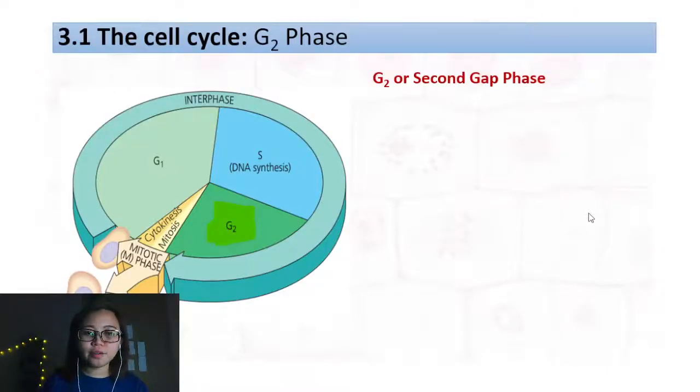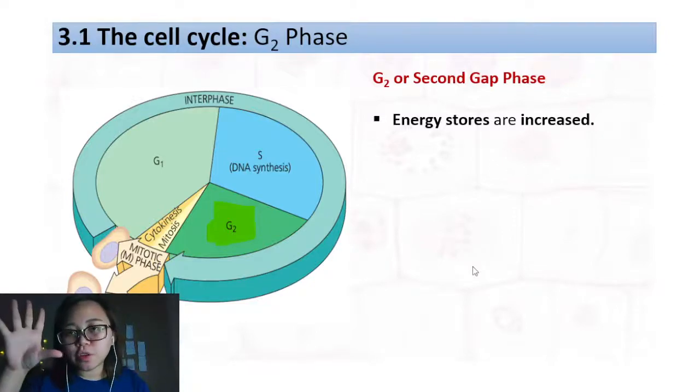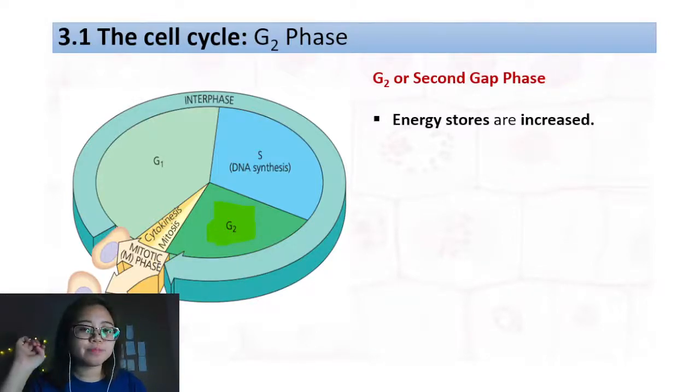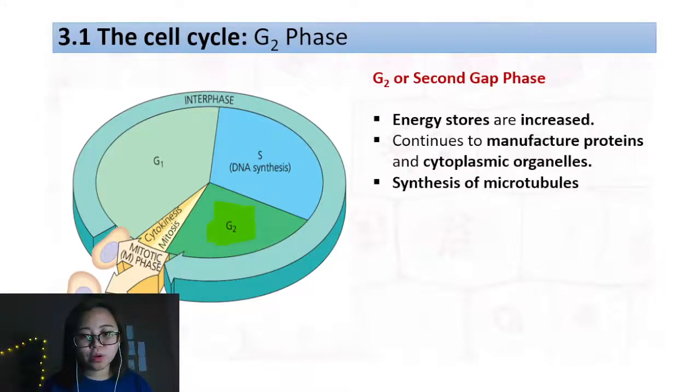Okay, alright. So let us go on into the third phase in the cell cycle, which is the G2, or second gap phase. So, in this one, it's a little bit different from G1. Dia tidaklah 100% sama, ada beza sedikit. In the G2 phase, the energy stores of the cells will be increased. It will continue to manufacture proteins and cytoplasmic organelles.